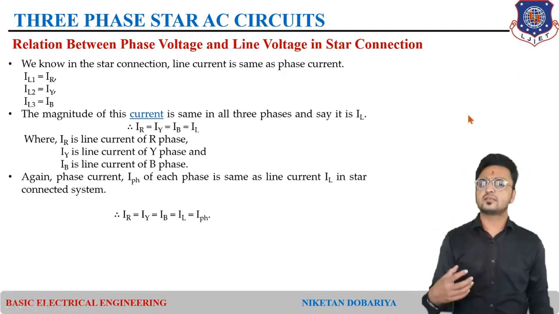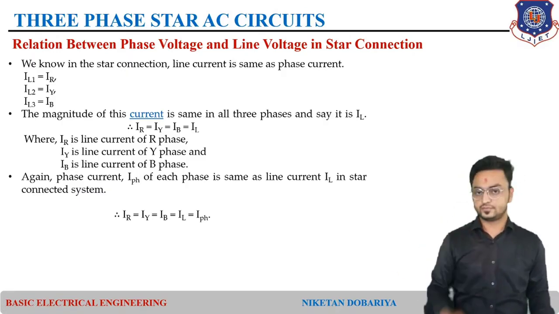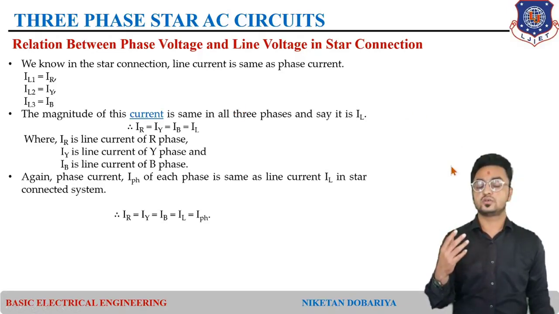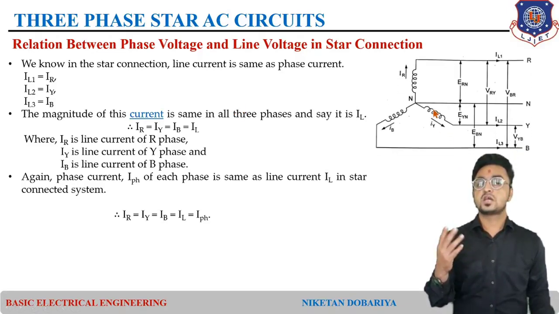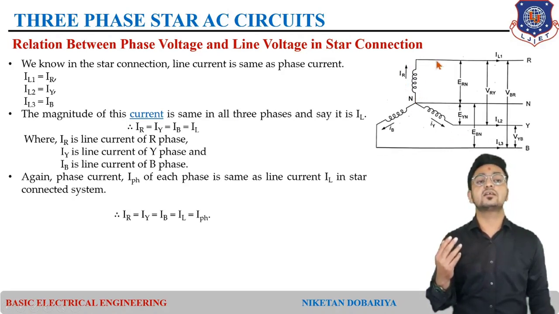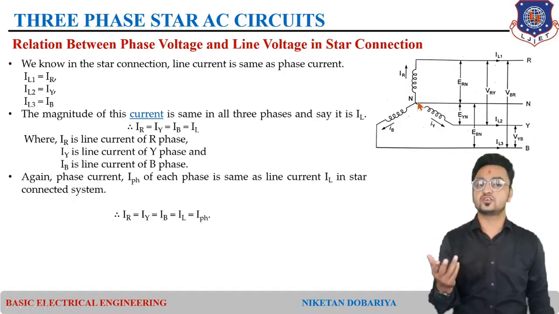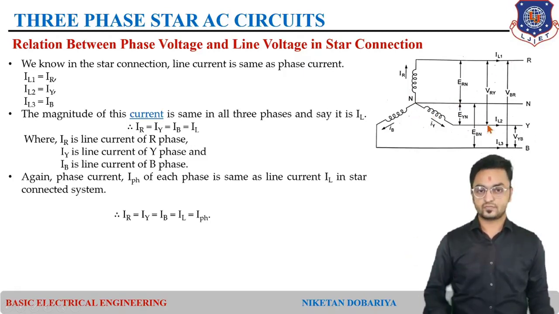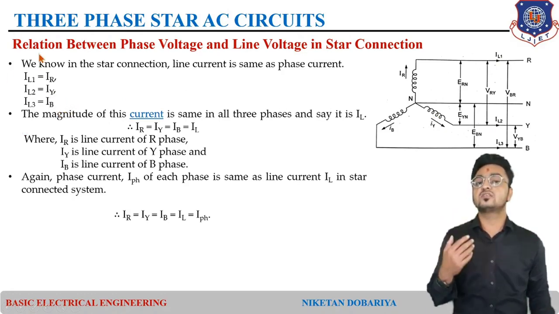If you find the relation between phase current and line current, from the diagram we can observe that the current flowing through this branch, IR, and the current flowing through this branch are the same, as both are in series connection. So IR is the same as IL1, IY is the same as IL2, and IL3 is the same as IB, and all three have the same value.